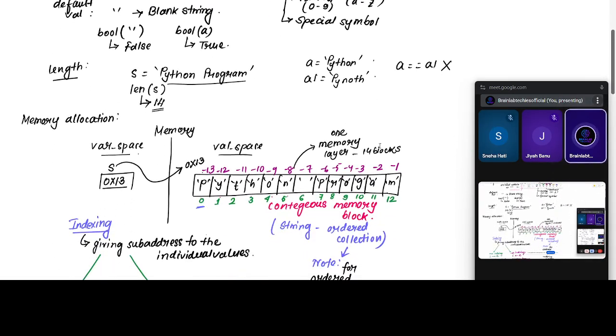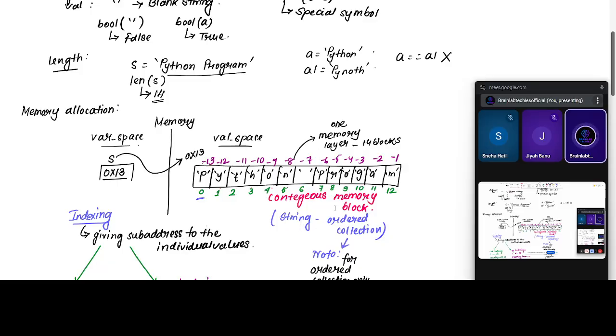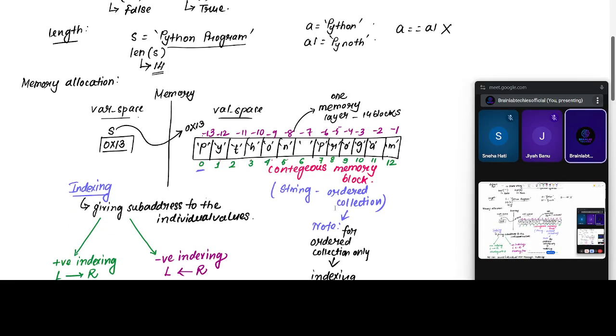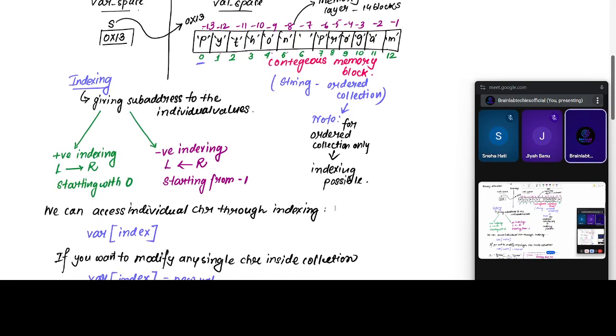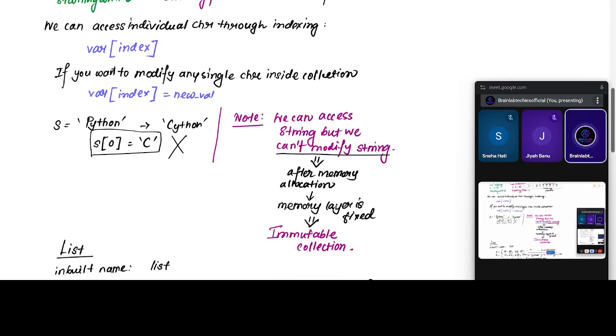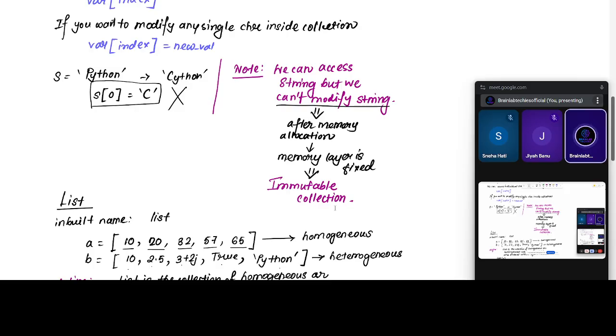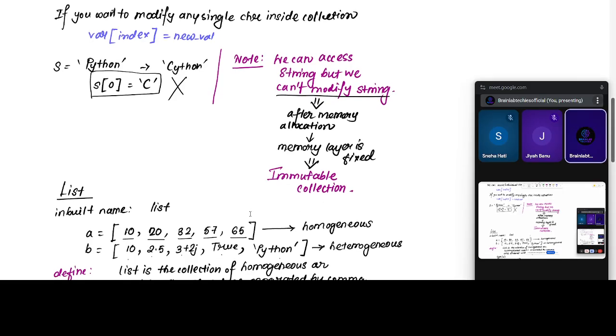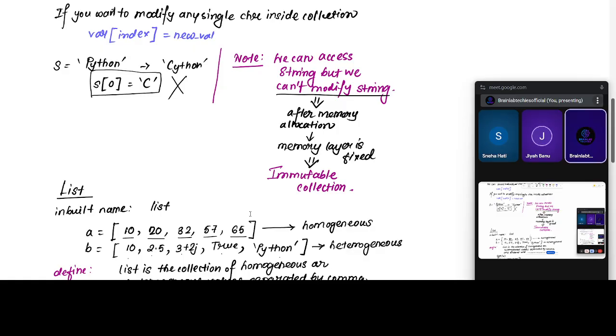Indexing means we are giving some sub address to the individual characters if I want to access, correct? That's what indexing is. We can do positive indexing as well as negative indexing. So if I go to do positive indexing, our positive indexing starts from 0 or 1? 0 it is. And if I go for negative indexing, then it starts from -1. -1 always, yes.